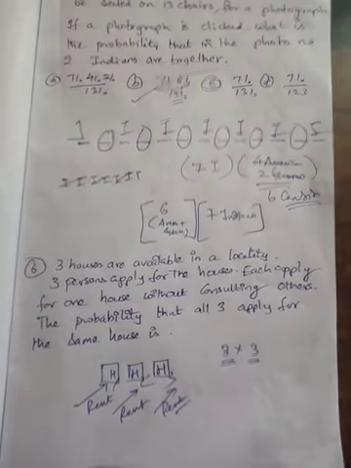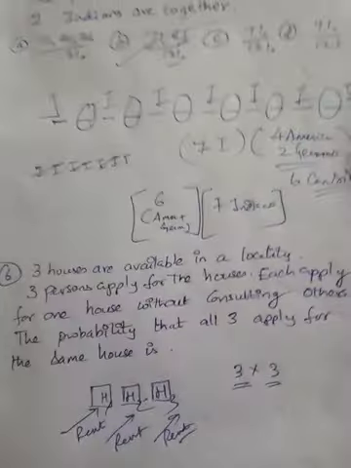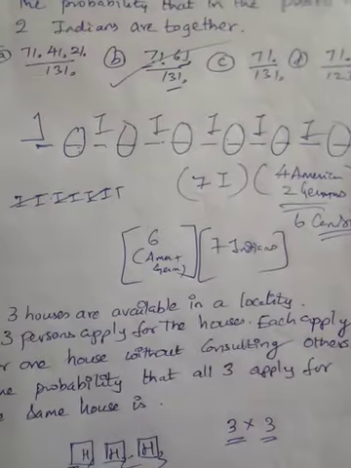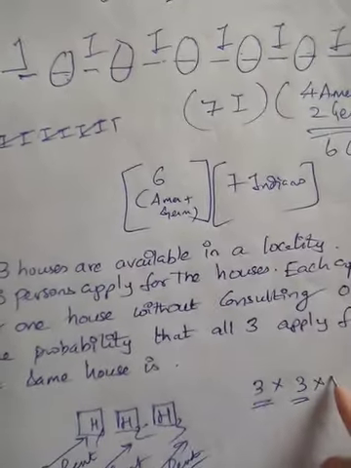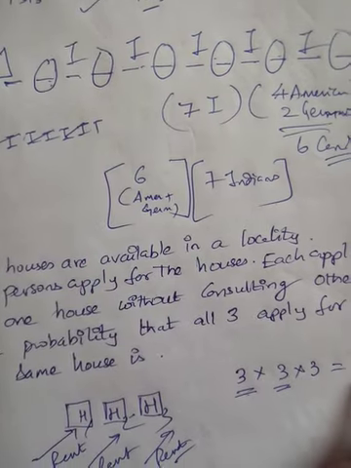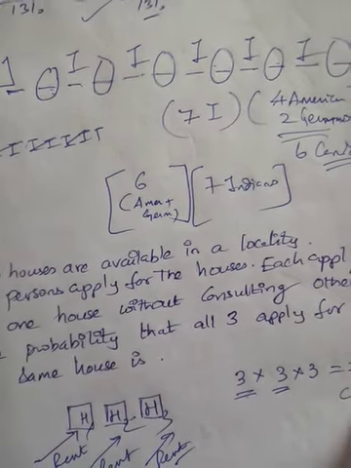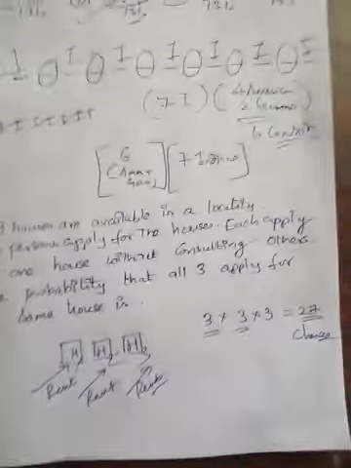That means any of the 3 houses he can select. There is no guarantee that he'll go only for the first house or only for the second house. He can go for any house. Totally there are 27 chances for the 3 persons.